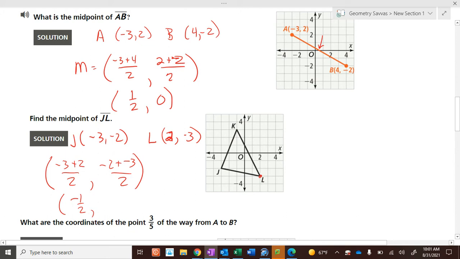And Christian Gabriel, what did we get for y value? -5/2. And we leave it as -5/2. What's the decimal version of -5/2? -2.5. So if we go -1/2, -2.5, it's sitting right there. That's the midpoint. Okay? Midpoint formula, pretty easy.